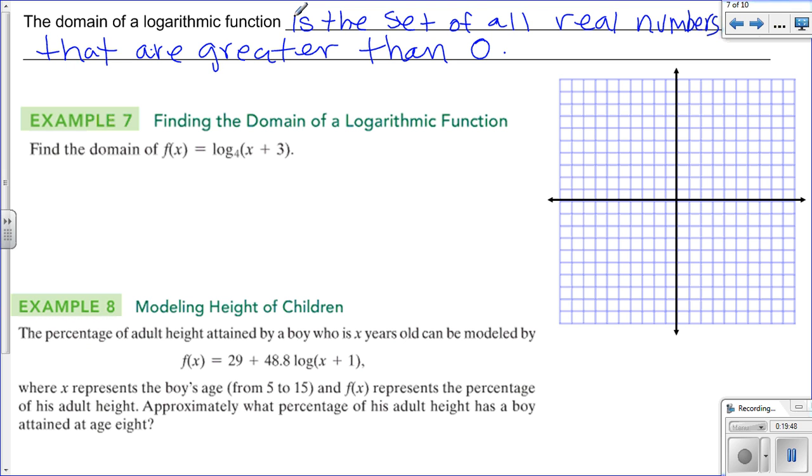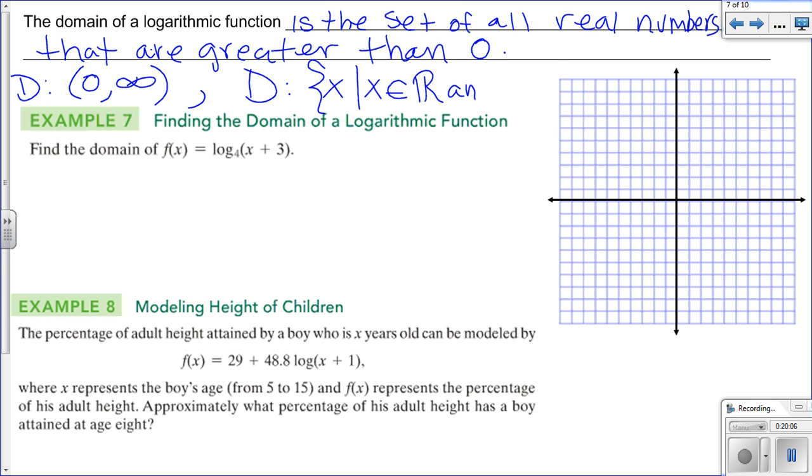So to do that, I'm going to write it as the same sentence. I'm going to write it in interval notation. So that will be the domain is equal to from 0 to infinity. I'm going to write it in set notation, the same thing. So it will be all x such that x belongs to the set of real numbers and x is greater than 0, without including 0.